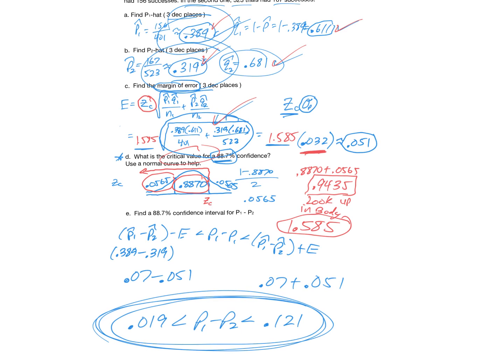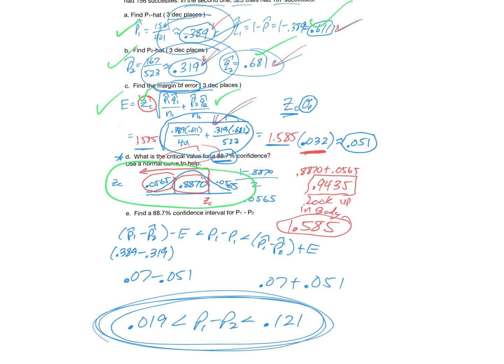So again, let's make this a little small. Let's go in green this time. I'm going to give you R1, N1, R2, N2. Your job is to find P hat 1 and P hat 2, Q hat 1 and Q hat 2. In order to find the margin of error, we're going to take a z-score, a critical value of z that you either have to find or memorize.